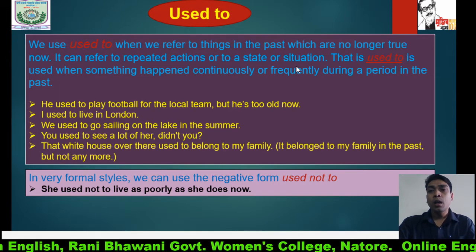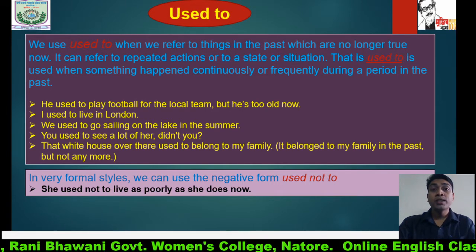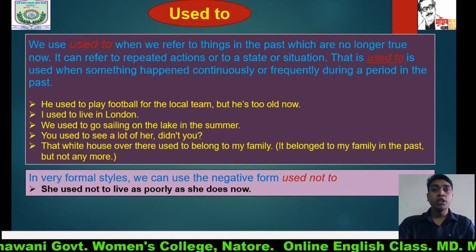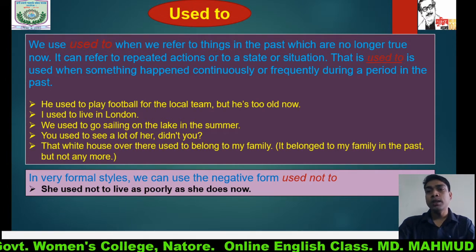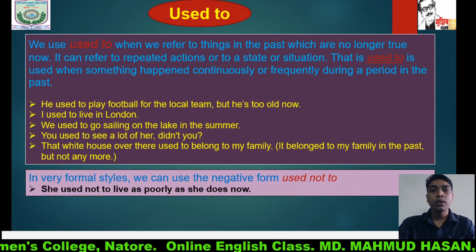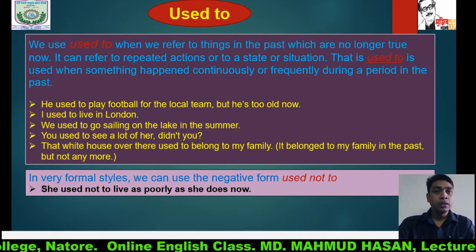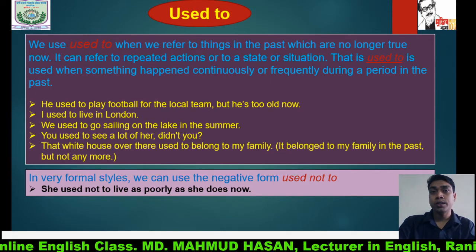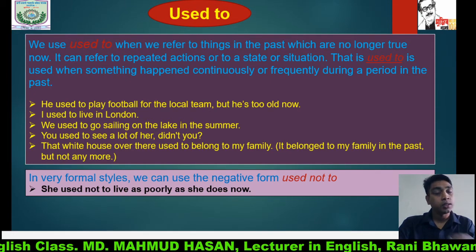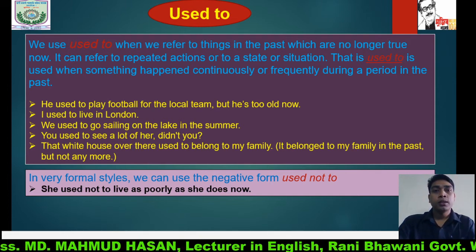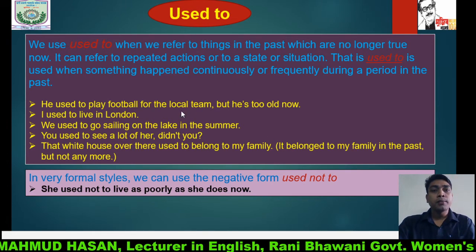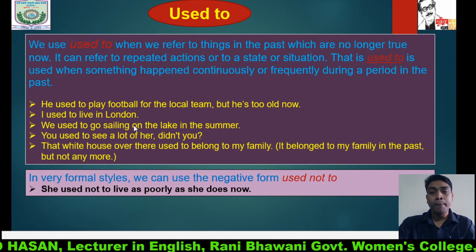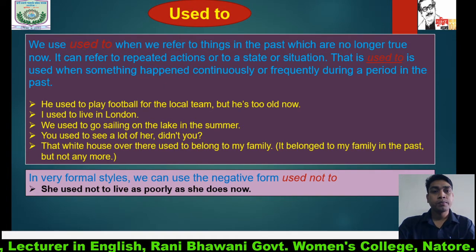That is, used to is used when something happened continuously or frequently during a period in the past. So, this is a continuous action in the past, not in the present. Here are some examples which will make you clear.